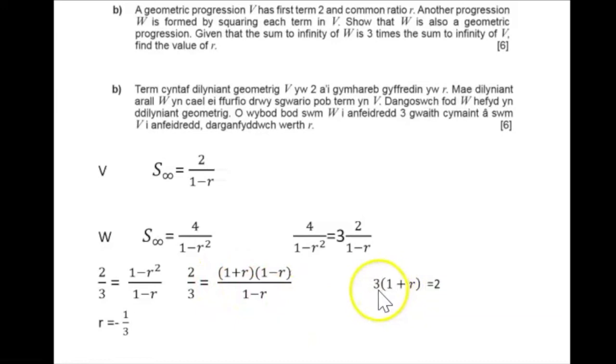So we could times by 3 and we get 3 plus 3r is equal to 2. And if we finish that off, then r is equal to minus 1/3. Or we may have said, when we'd cancelled the 1 minus r, 2/3 is equal to 1 plus r, so r is 2/3 minus 1, which is minus 1/3.